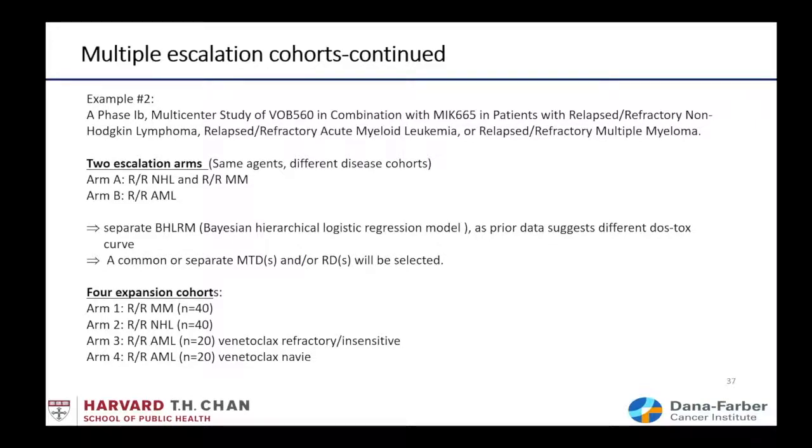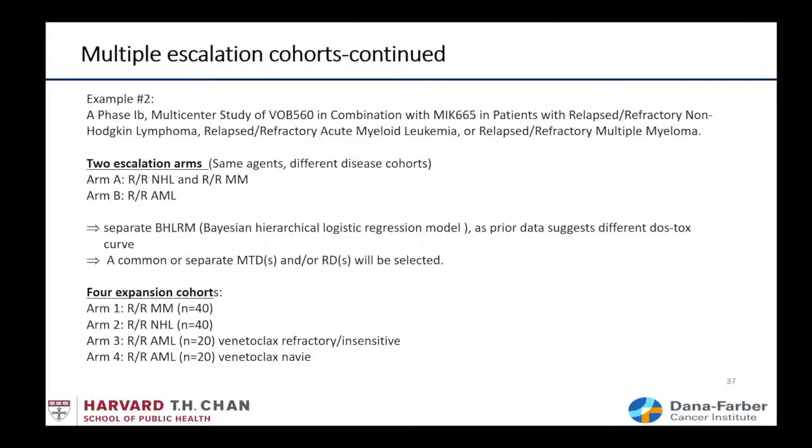Arm B is for AML. The reason is that prior data suggests different dose toxicity curves in different disease areas. Lymphoma and leukemia are very different.